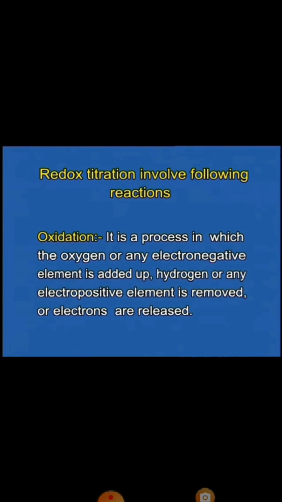Redox titration involves the following reactions. First, we will learn about oxidation. What is oxidation? It is a process in which oxygen or any electronegative element is added, hydrogen or any electropositive element is removed, or electrons are released.